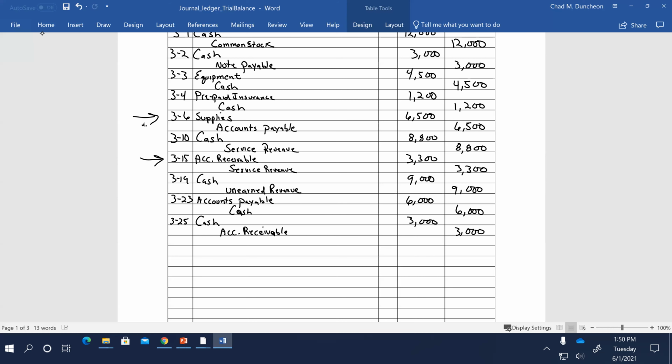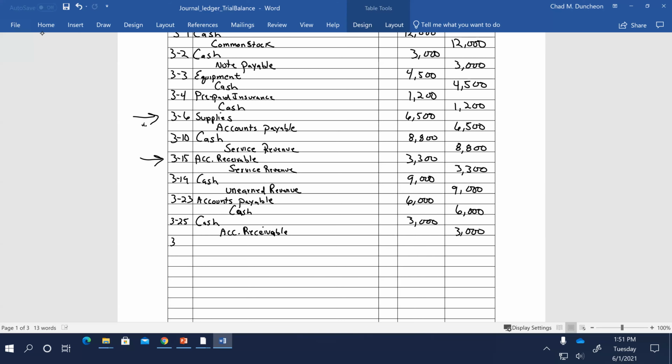Okay, so on 3/26, High-Tech paid weekly employee salaries of $1,800. Salaries, that is an expense, and that is a normal cost of business. Expense is the first E in dealer, which means it has a normal debit balance.